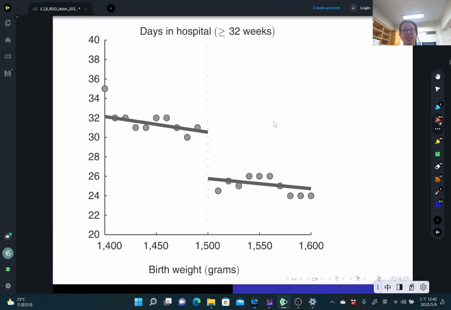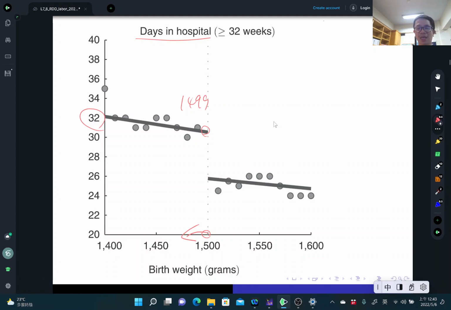So here, the first thing they show is that the doctors really do follow the guideline. They give more attention to the people whose birth weight is just below 1,500 grams. So in terms of this treatment, the days in hospital: if your baby's birth weight is just below 1,500 grams, for example 1,499 grams, they will stay in hospital for 32 days.